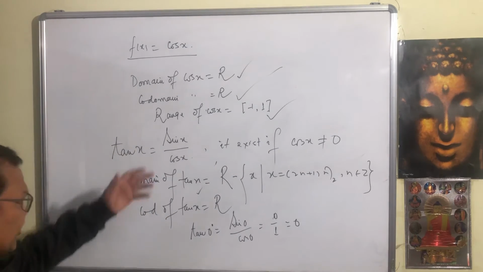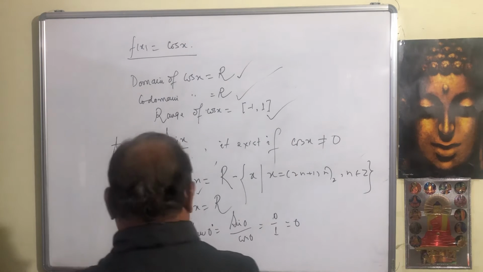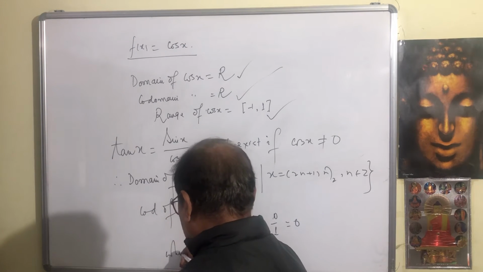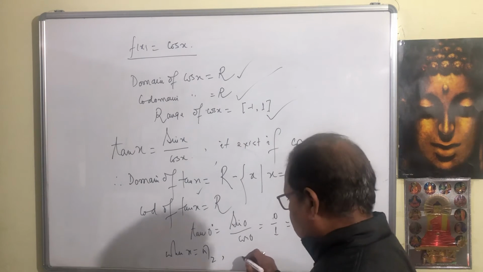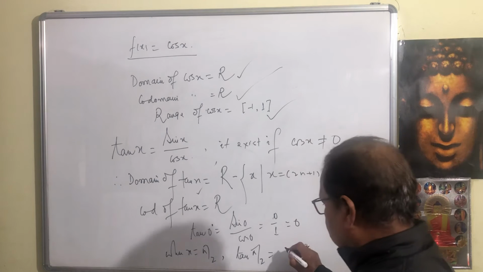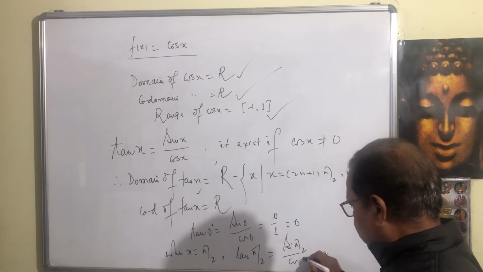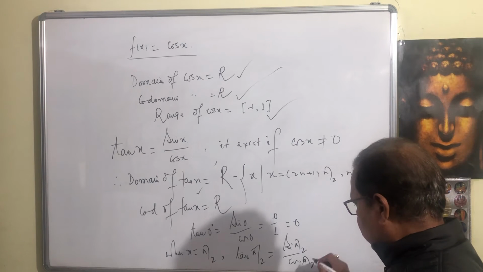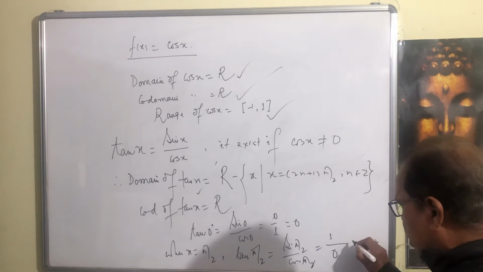Now let us think here. When x is equal to pi by 2, then tan pi by 2, tan 90 degree, is equal to sin 90 degree upon cos 90 degree. You observe here that sin 90 is 1 and cos 90 is 0. 1 by 0 is infinity.